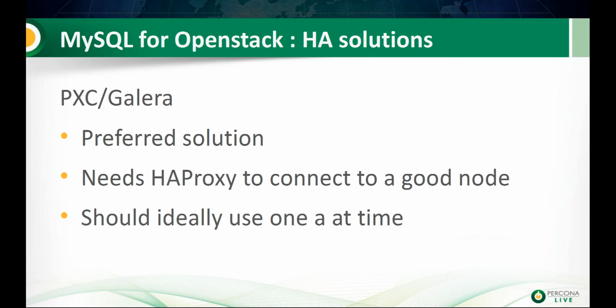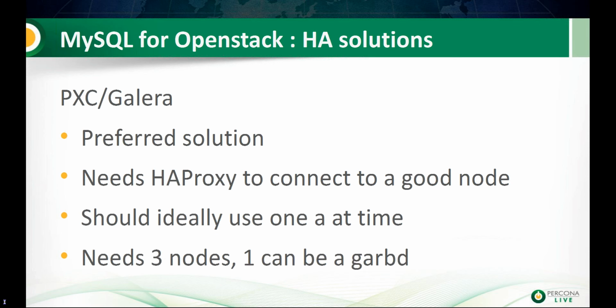So it's probably safer and simpler to send all the operations to one node. If you use Galera, you need 3 nodes. For any quorum that makes sense, we need 3 nodes. But one can be an arbitrator, the garbd daemon, which acts as a member of the cluster for the protocol, but doesn't deal with the data, just receives the traffic.